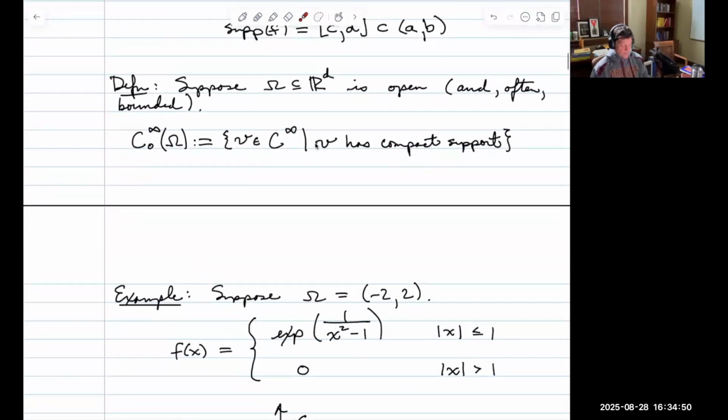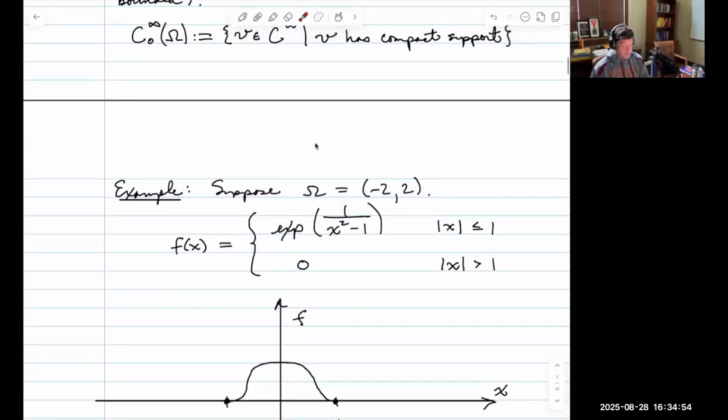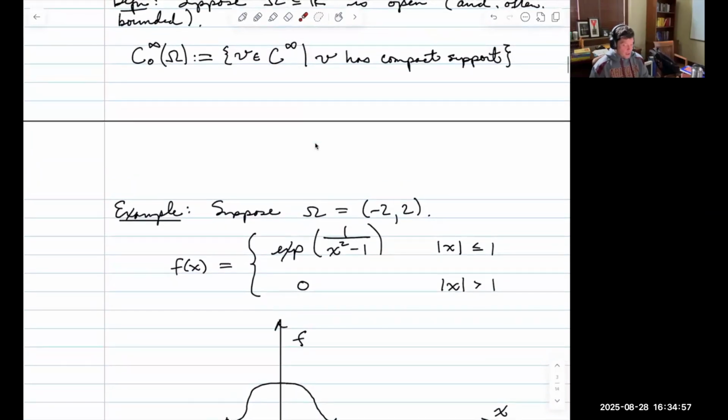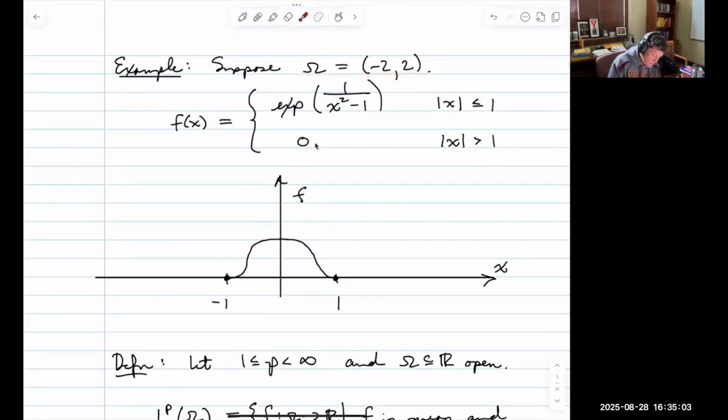It was to me. But let me show you an example that once you see it, you'll understand why it's true. Suppose that omega is equal to minus 2 to 2. Could be anything I want, but all I really need is for it to contain the interval -1 to 1. Okay, so -2 is about here, 2 is here.